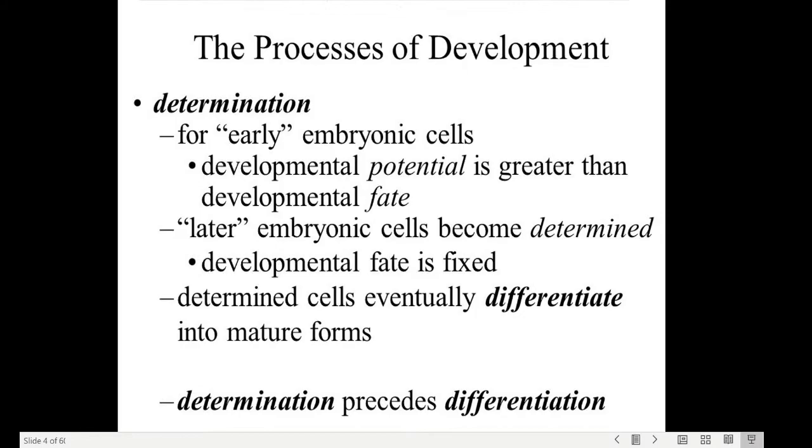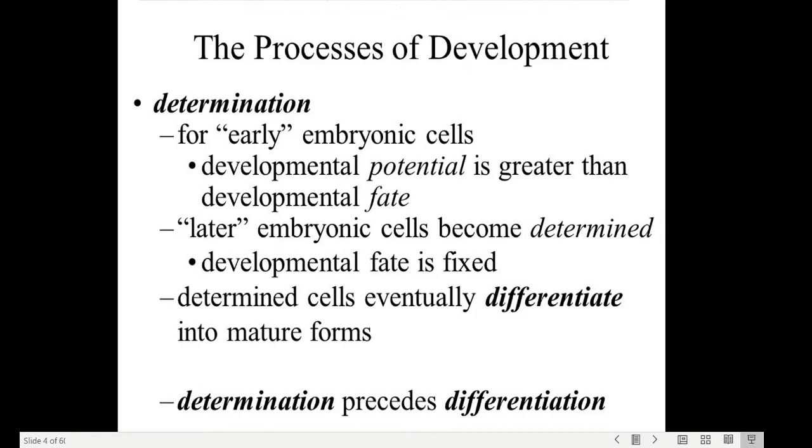The early embryonic cell is determined when the developmental potential is greater than the developmental fate. Later, after embryonic cell development, the developmental fate is fixed after a particular stage.